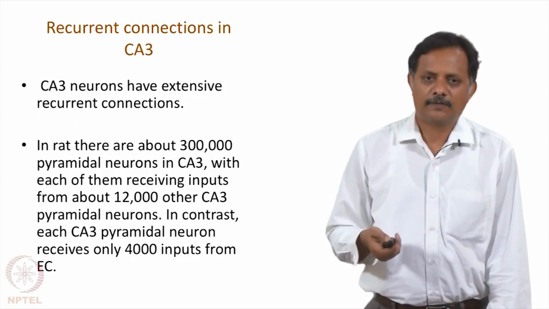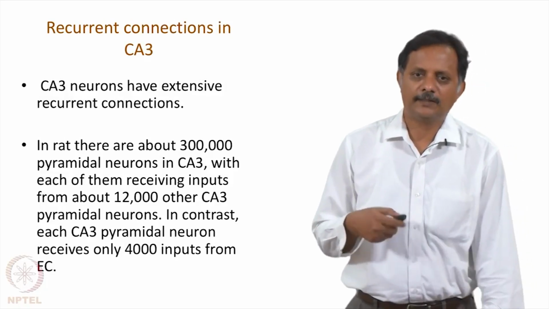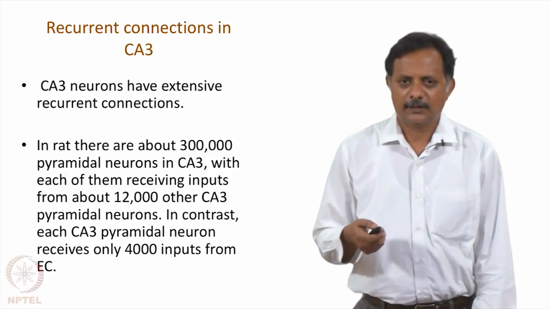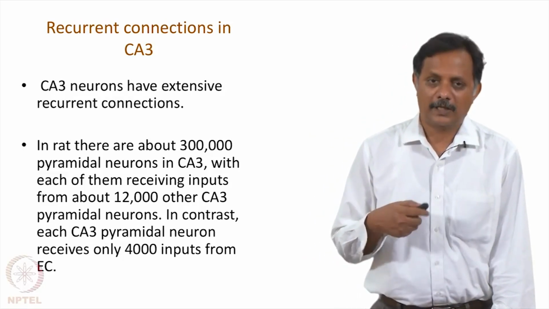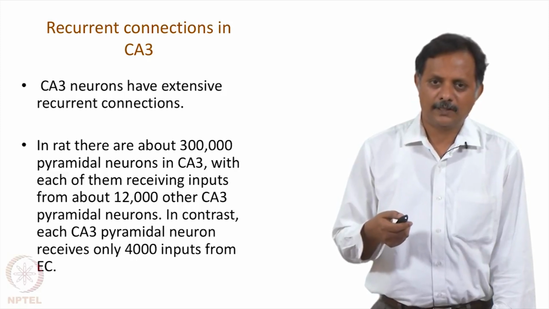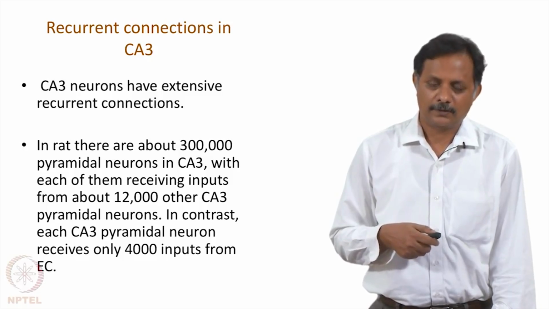So, CA3 neurons have rich extensive recurrent connections, and for example, if you take the rat hippocampus, in the CA3 field there are about 300,000 pyramidal neurons, and each of them receives input from about 12,000 other CA3 pyramidal neurons.